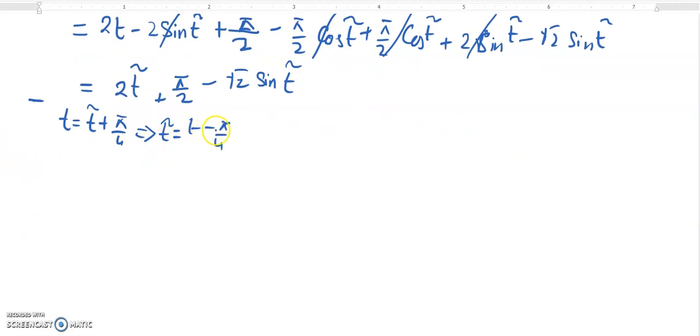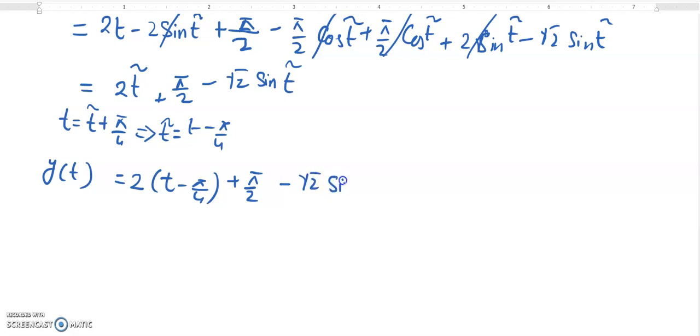By inputting this value, y of t will now be equal to 2 times t tilde, which is t minus pi by 4, plus pi by 2, minus under root 2 sine of t minus pi by 4.